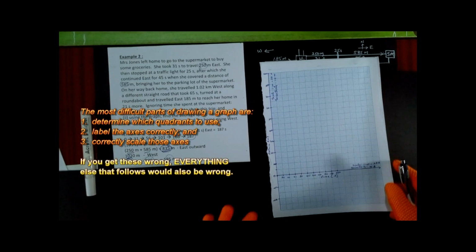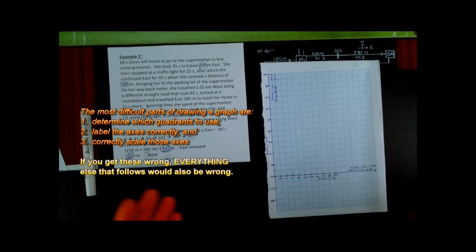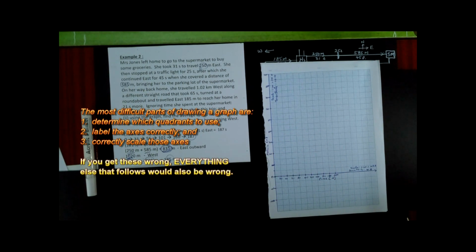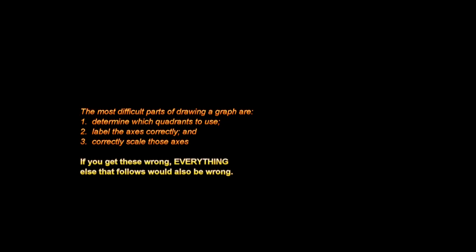So now that we have that, we can plot our points. That is about the hardest thing to do on graphs: to scale out your axis properly and make sure you have the right variable on the right axis.